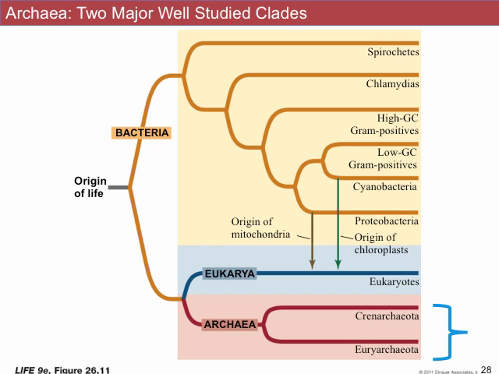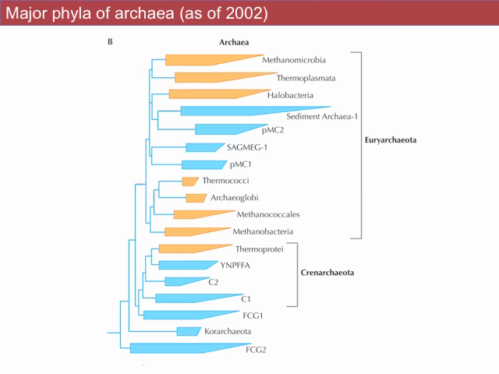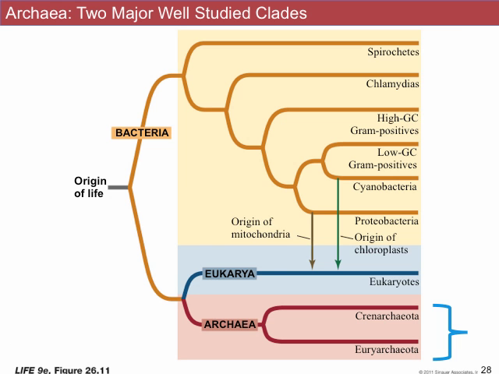Cyanobacteria are gram-negative. And if you look at this phylogenetic tree here, it suggests that the gram-positives are polyphyletic. So there's a group of gram-positives here, the low GC, and here, the high GC gram-positives. Don't trust the branching order here. So the phyla that we are talking about here all seem to be truly monophyletic groups. The Firmicutes, the Chlamydias, the Actinobacteria, the Cyanobacteria, the Proteobacteria.